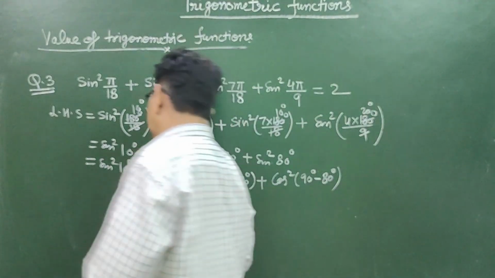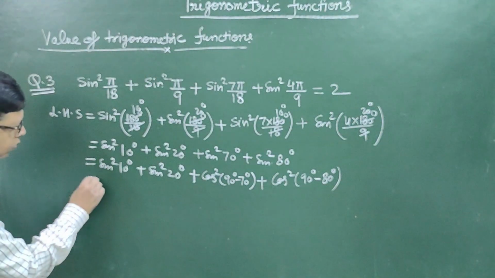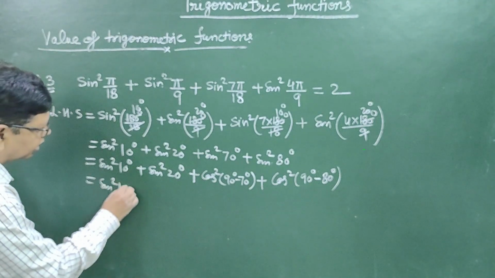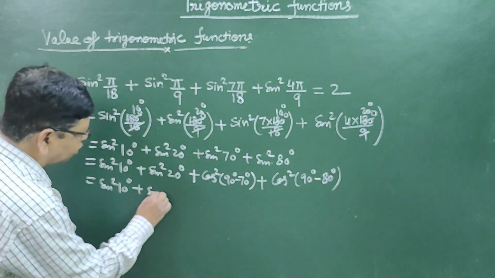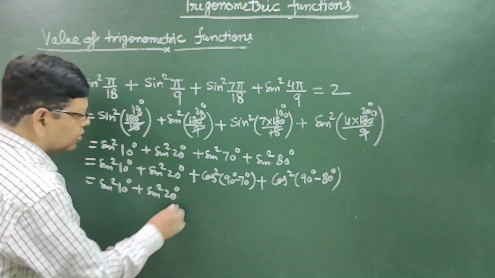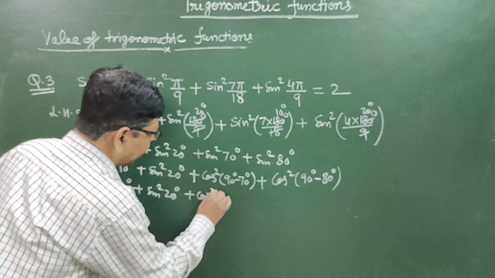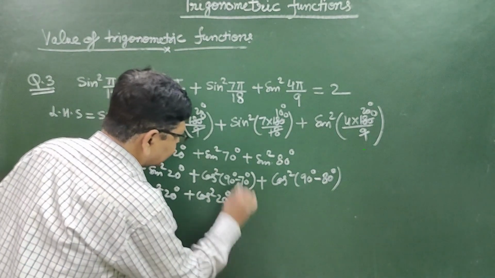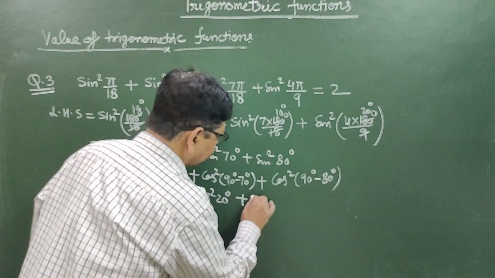So ultimately we get sin square 10 degree plus sin square 20 degree plus cos square 20 degree, that is 90 minus 70, plus cos square 10 degree.